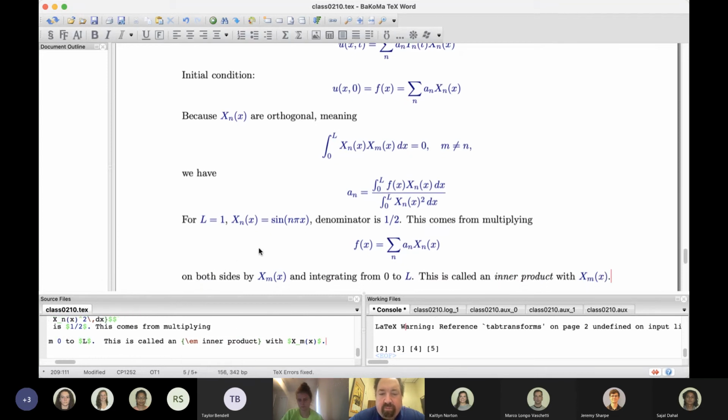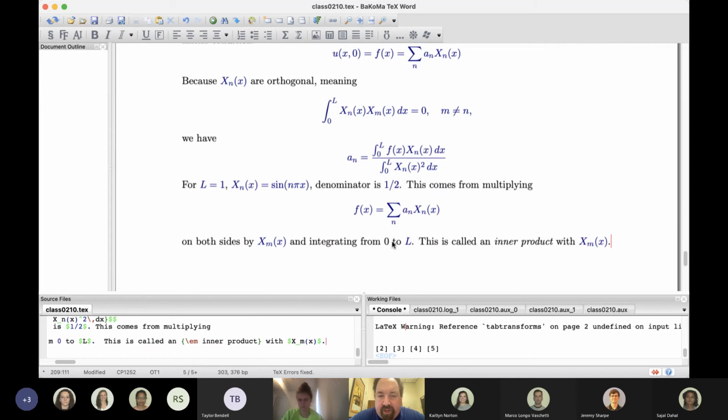When you're multiplying two functions and integrating them, a definite integral in some domain, that's an inner product. Two vectors, which can be functions, that you're taking an inner product of, if the inner product turns out to be 0, then they are orthogonal. That's what we're saying here, that they're orthogonal, meaning their inner product is 0.